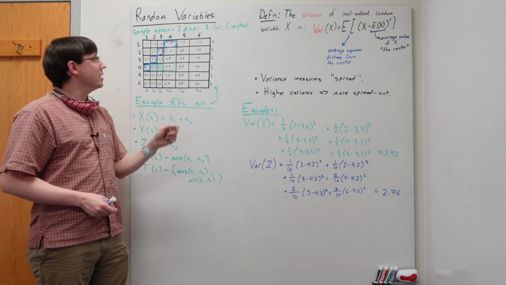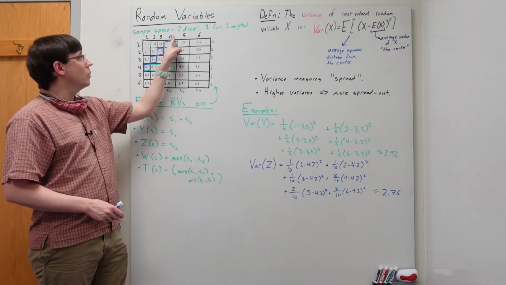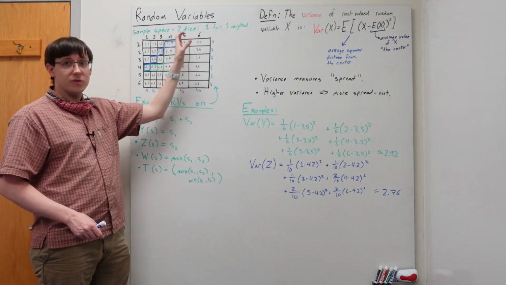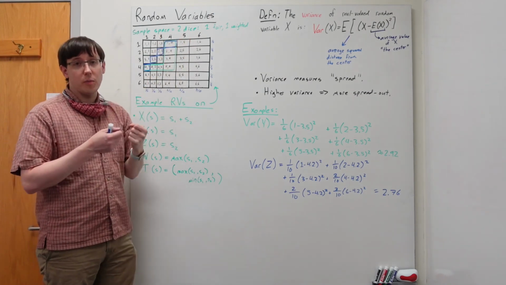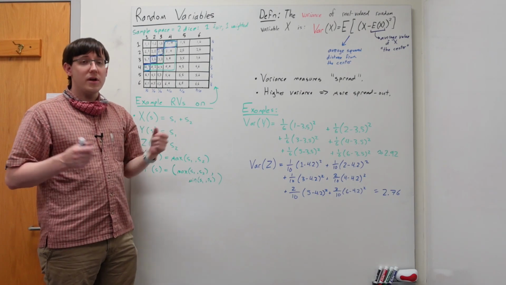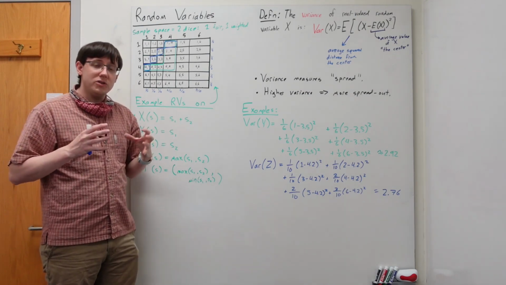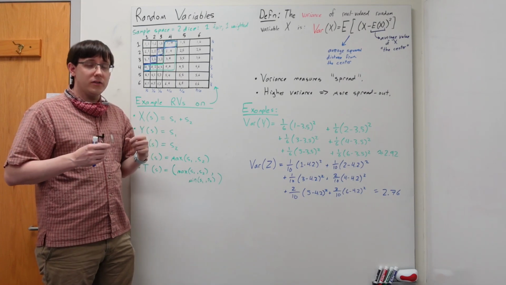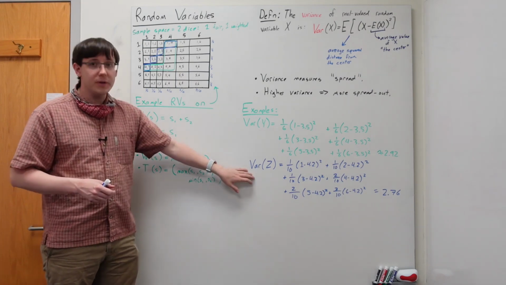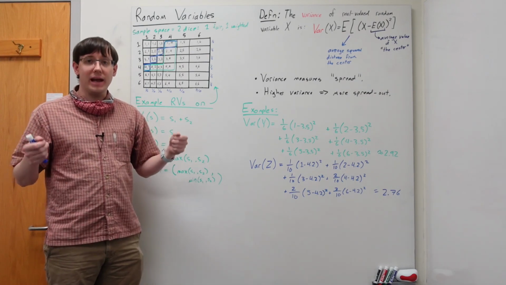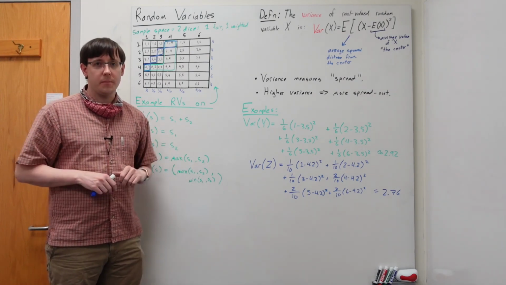And so with an expectation of 4.2 and more of the probability on the values that are closer to 4.2, we have more of the probability clustered close to the expectation, and so in our probability weighted average, z is less spread out than y.